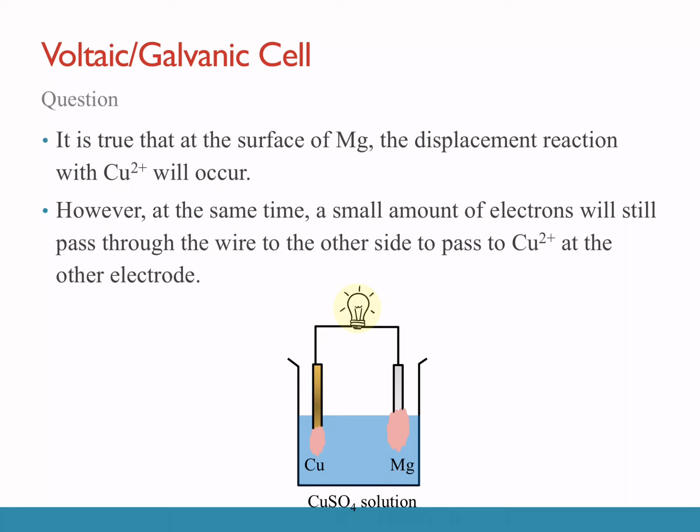So what happens is this. There is a transfer of electrons to the Cu2+ in the solution directly here, but some of the electrons are also moving through the solution to the copper 2+ here. So copper will be deposited on both sides in real life.